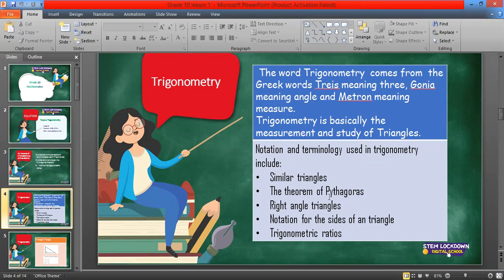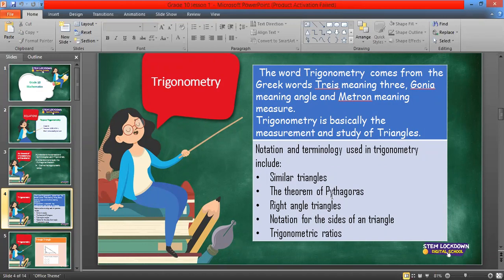In every right angle triangle, two things are mainly applicable: one is the Pythagoras theorem, and two is the trigonometric ratios. Other forms of triangles use other formulas, such as the cosine rule and the sine rule.